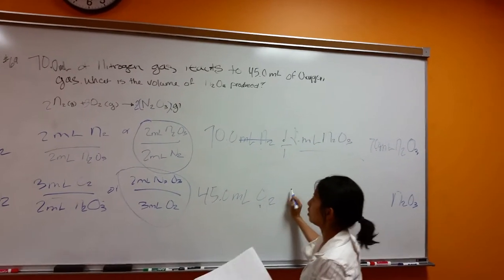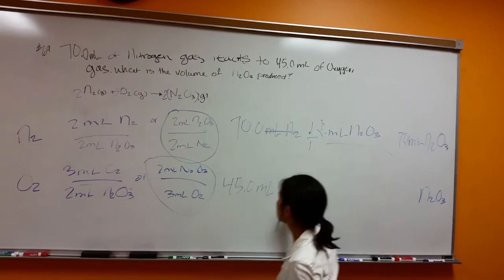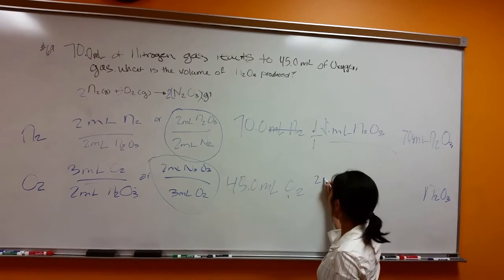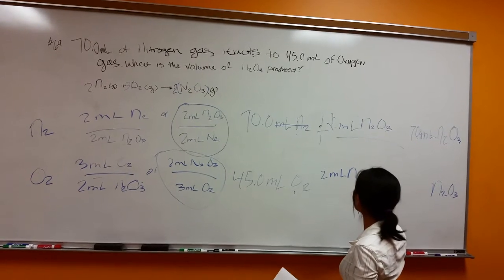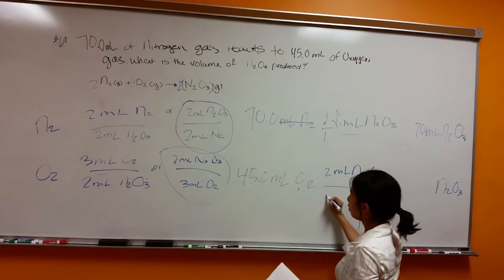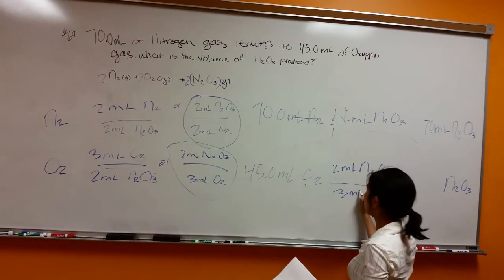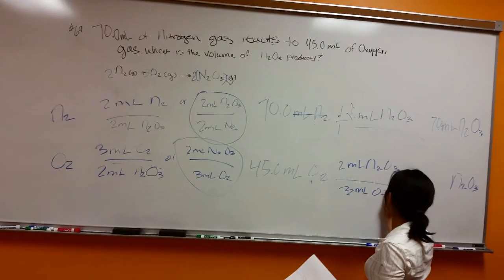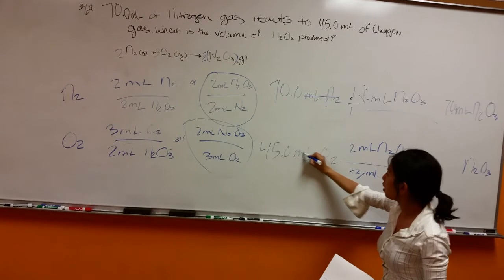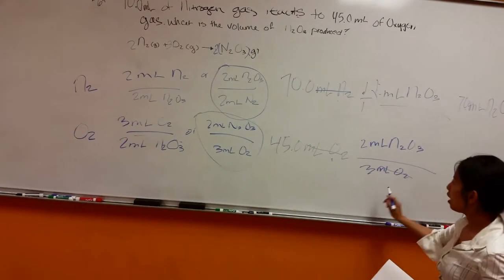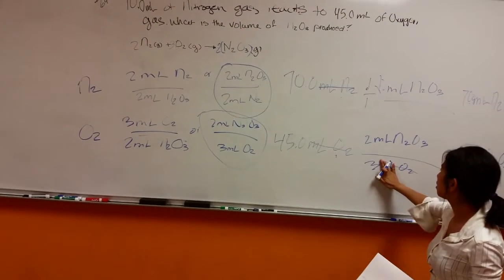And my bottom one is going to be the same. I'm going to use this: 2 ml N2O3 over 3 ml O2. So I'm able to eliminate the ml part here.